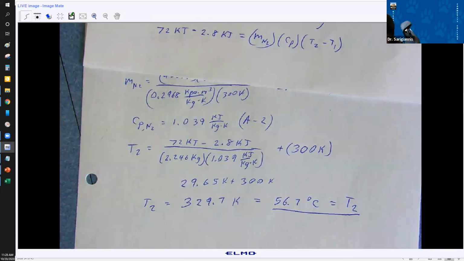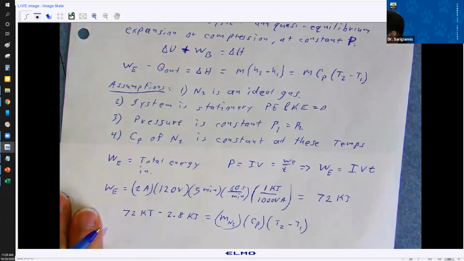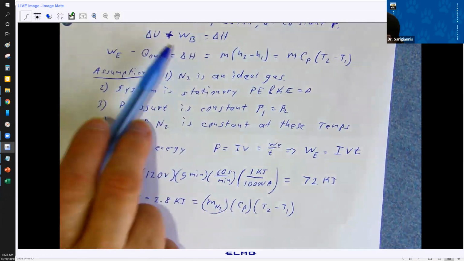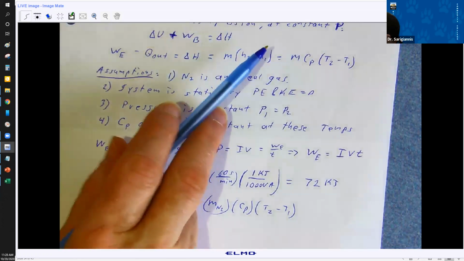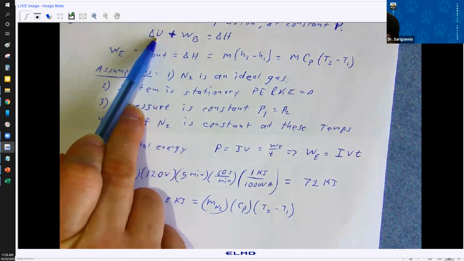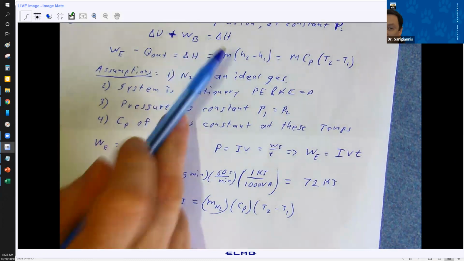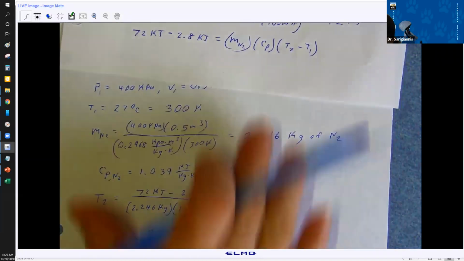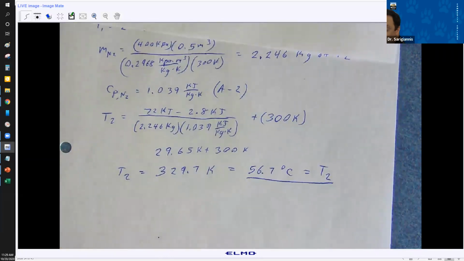And so for the delta E of the system, the only trick here was recognizing that for a closed system at quasi-equilibrium and expansion or compression at constant pressure, this relationship holds: the internal energy plus the boundary work is the enthalpy. Then from there, we can just plug in m Cp dT for the enthalpy and treat nitrogen as an ideal gas. And that's how we found the mass, and that's how we get to the temperature. All right, any questions about this particular problem?